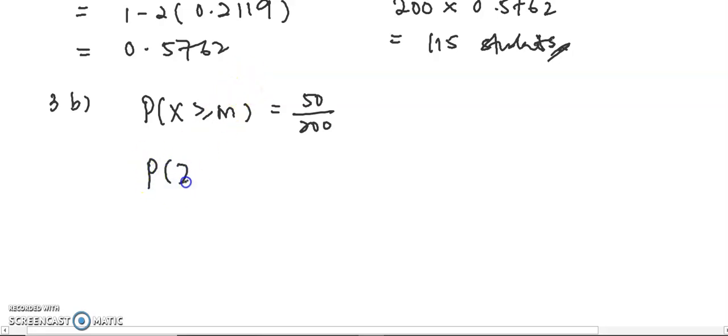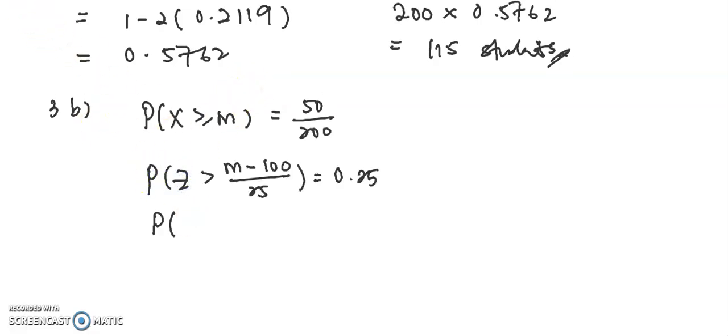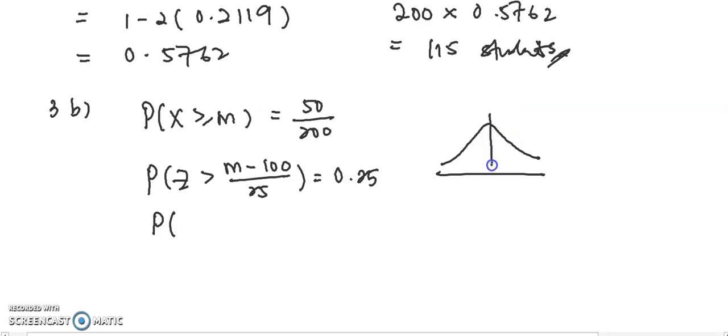Firstly, we try to standardize. Now you can see that after we standardize, we still have the term containing the m over here. So I will sketch the bell shape to determine the region that I'm interested in. This is 0 in the middle, and the probability is 0.25. So (m minus 100) over 25 will be located at the right hand side of the 0.